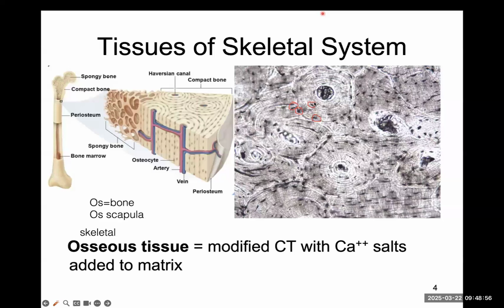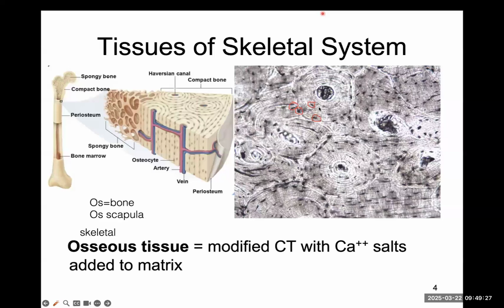These are the living cells, osteocytes, and there's other stuff in it called matrix. The matrix is all of the hard minerals made up of calcium, phosphorus, and other minerals, and that creates this hard material that has spaces in it. Some of the spaces have bone cells in them, and some of the spaces are empty.